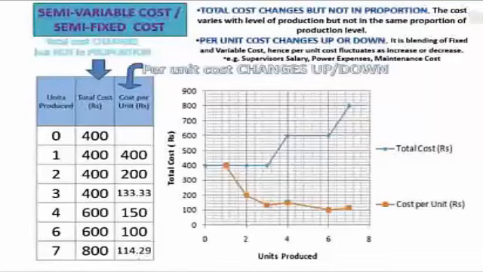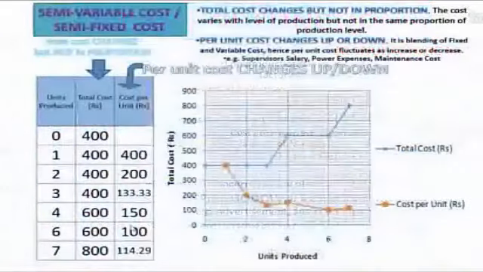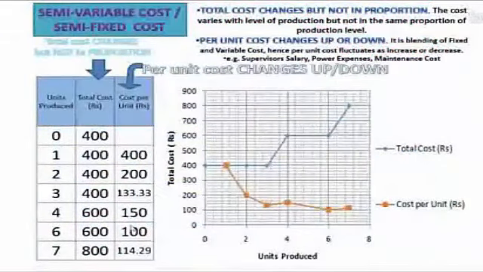So if you look at the graph, the blue color line, you can see the blue color line is increasing with level of production, but sometimes it remains constant, sometimes it jumps. Now, this is the behavior of a semi-variable cost, or what we call a semi-fixed cost. Per unit cost, you can see it is changing and there is no specific direction for this. It decreases also, it increases also.